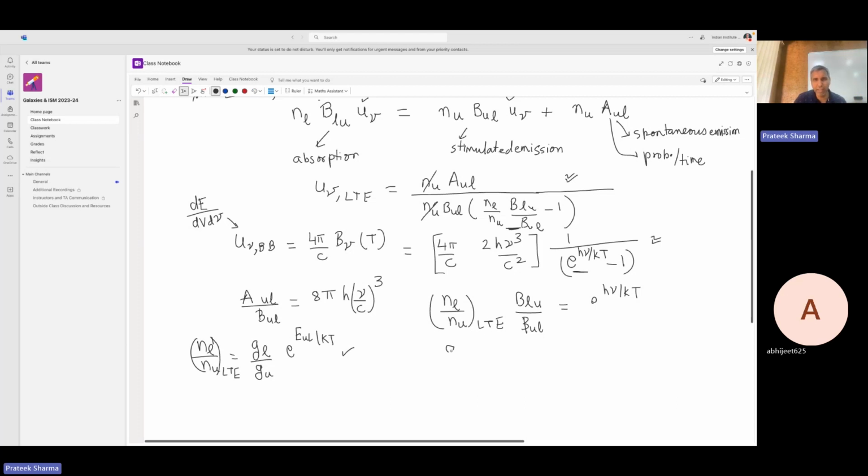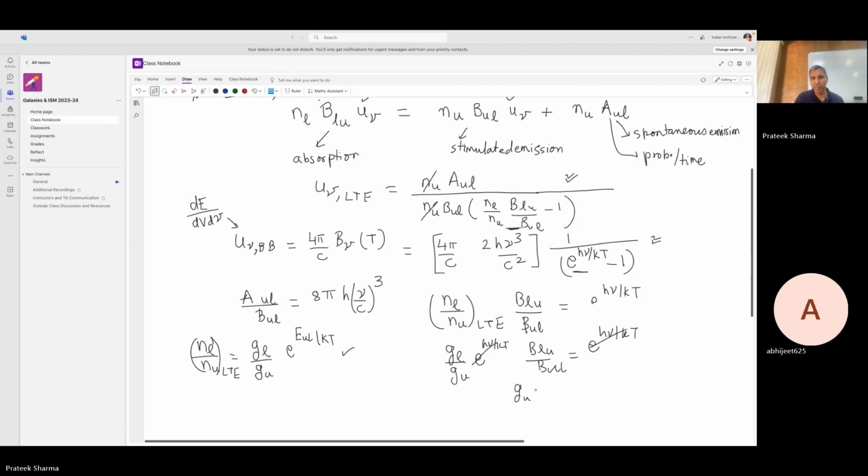We get g_L by g_U e to the E_UL, which is nothing but h nu by kT, times B_LU by B_UL, equals e to the h nu by kT. In fact, the nice thing is this just goes away, and we have the relation between B_LU and B_UL, which is actually quite simple.